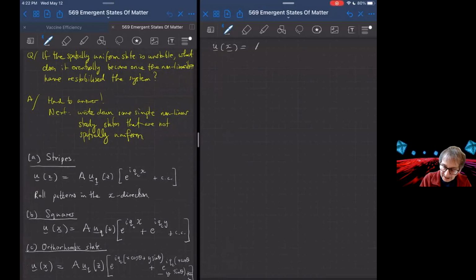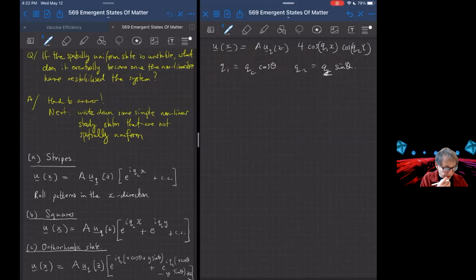I can write it as A times uq as a function of z, times 4 cosine q1 x cosine q2 y, where q1 is qc cosine theta, and q2 is qc sine theta. And then I can do hexagons.